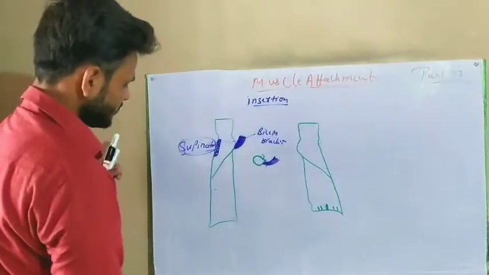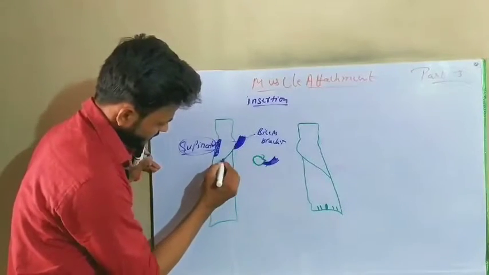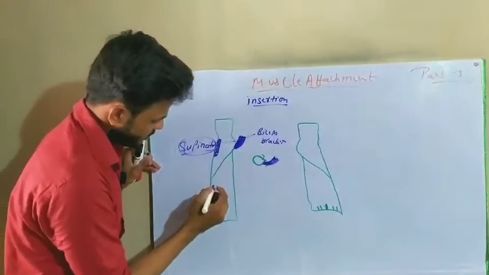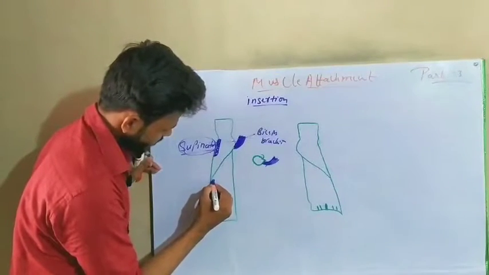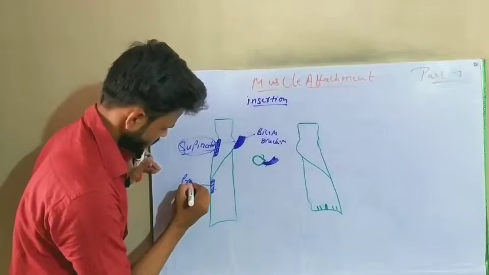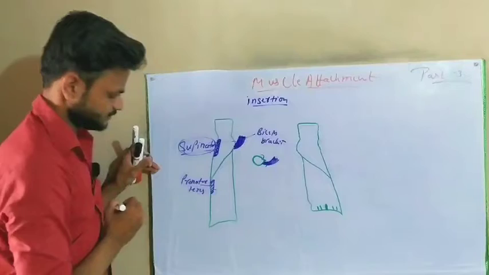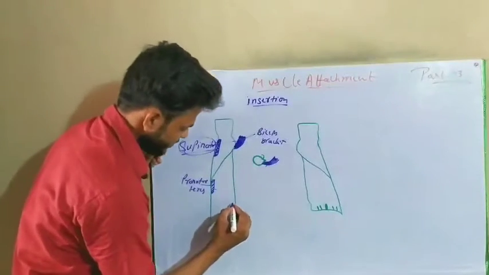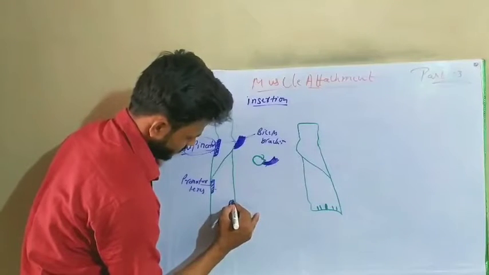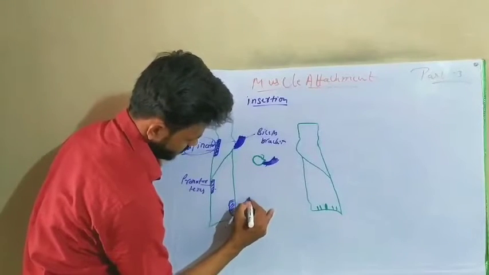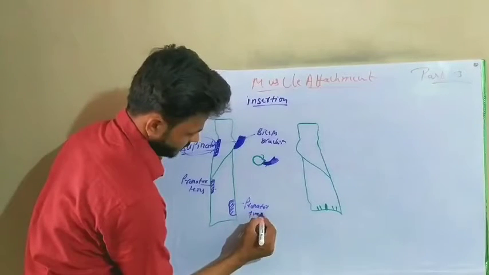Now our third muscle, which is just below the anterior oblique line, is called pronator teres. And on the medial side, this muscle is called pronator quadratus.